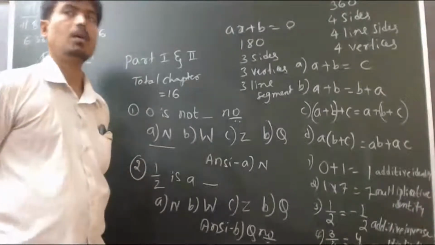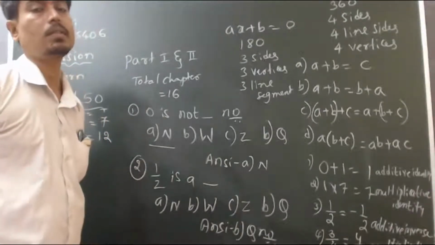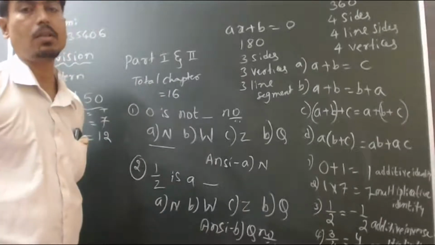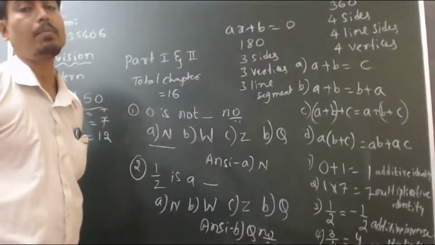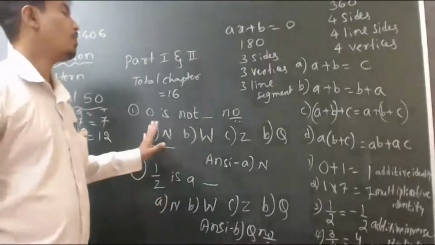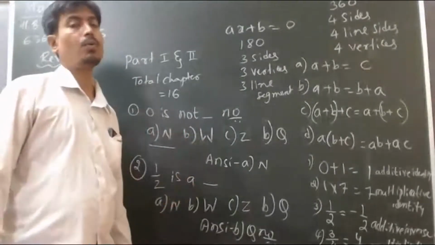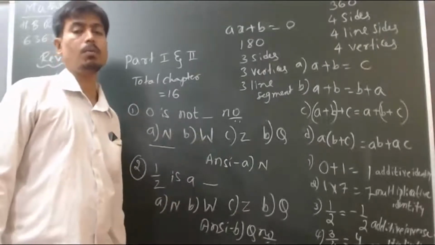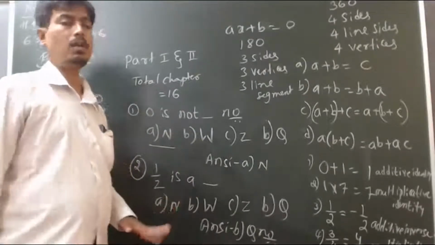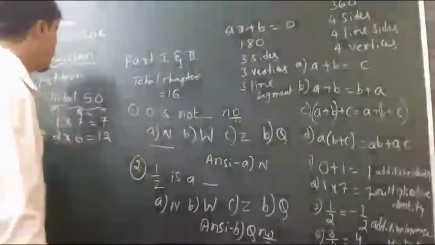In other chapters there are 6 to 7 exercises, and in one exercise we have 8 to 10 problems. Which is important will be decided depending upon the main problems. First you have to work out all the problems once, then later decide which are for 2 marks.